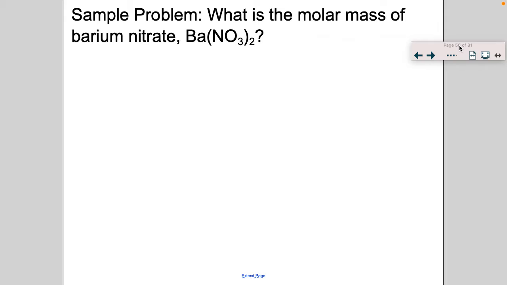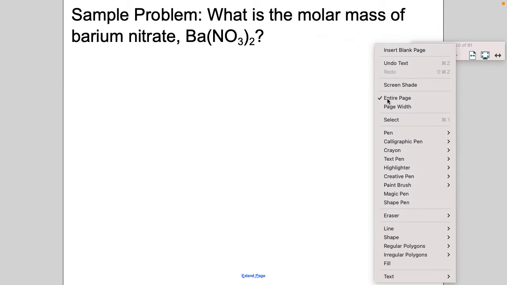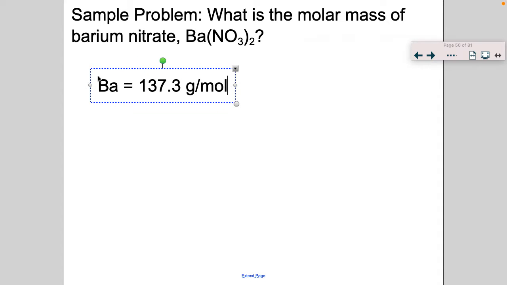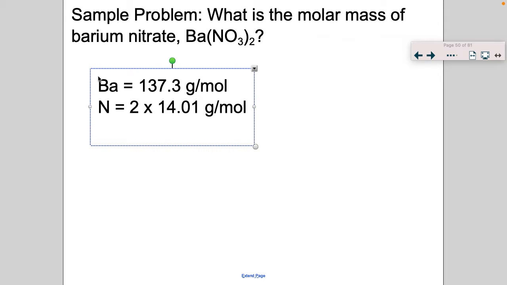Okay, what is the molar mass of barium nitrate? And then there's going to be 2 nitrogen. How much is nitrogen? 14.01. And 6 oxygen. 15.99.